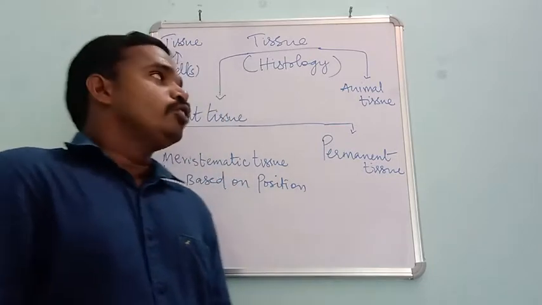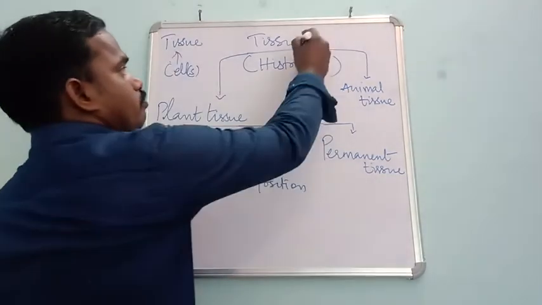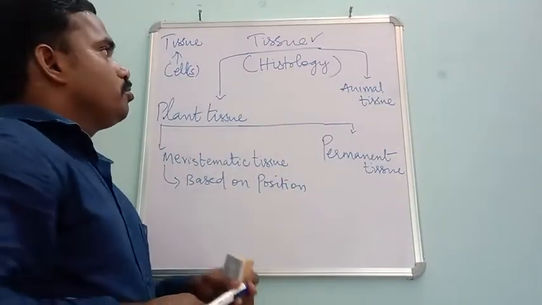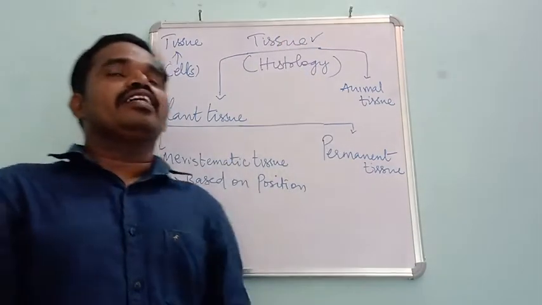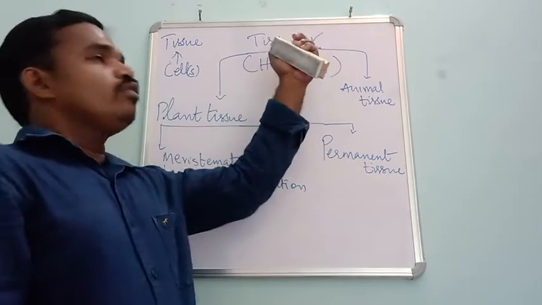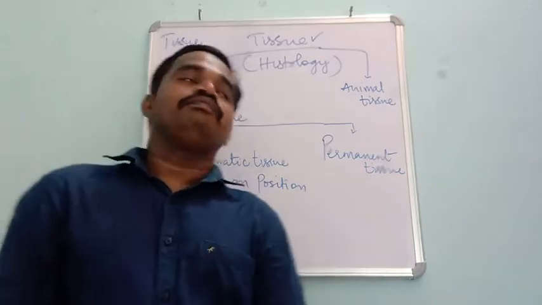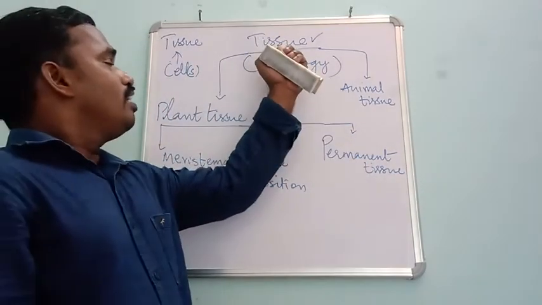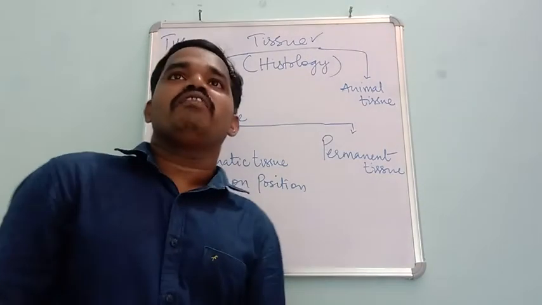So today I am going to discuss the topic tissue. What is tissue? Tissue is a fundamental topic in the biology subject. We might have studied in the previous class that the cell is a fundamental unit of life.